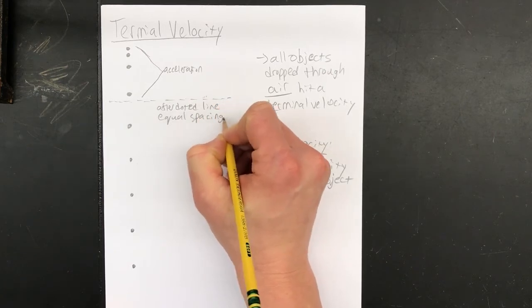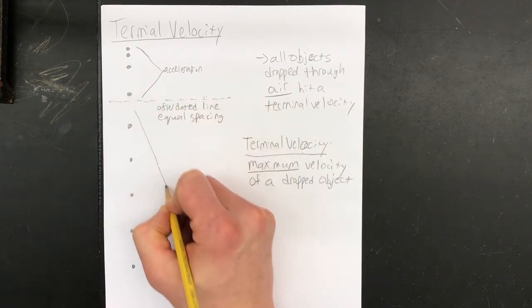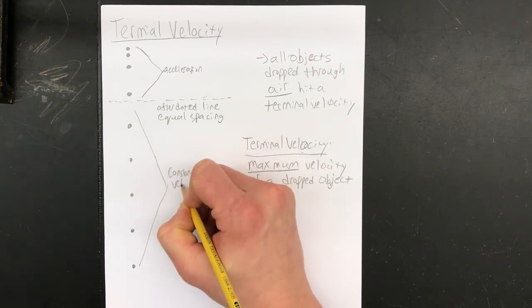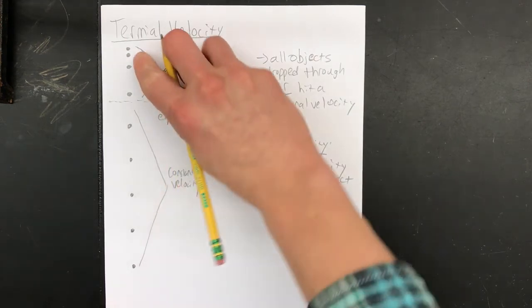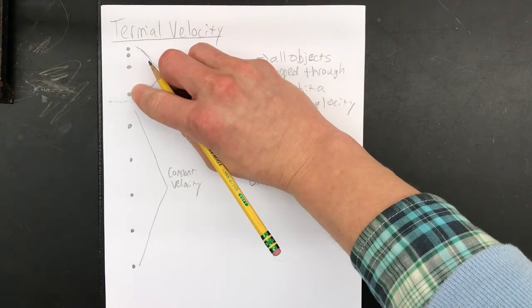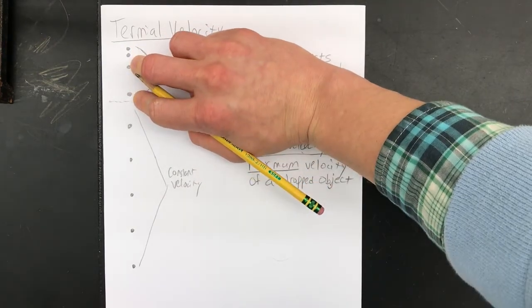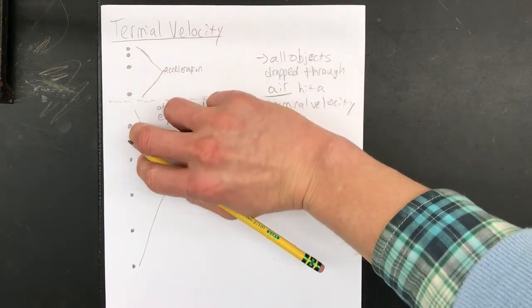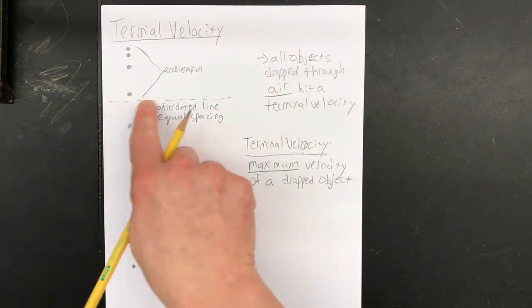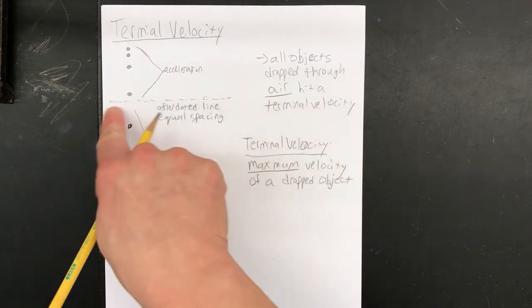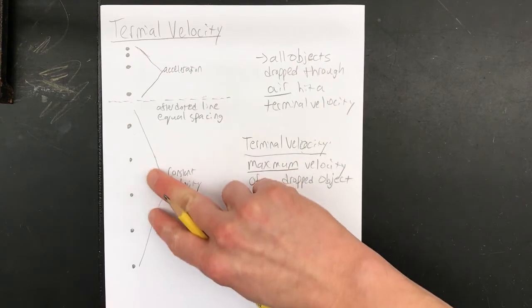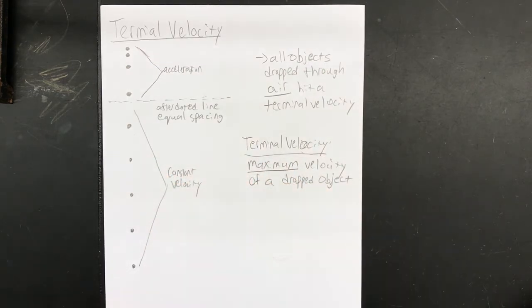Why do I have equal spacing? Because this section here is constant velocity. So when you drop something, the strobe photo has increasing spacing, and then whatever the last spacing is that it increases to, you keep that spacing going after a dotted line to show, hey, after that dotted line it stopped accelerating and it kept a constant velocity.